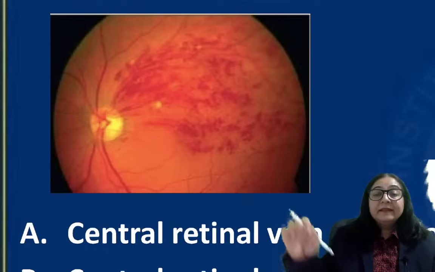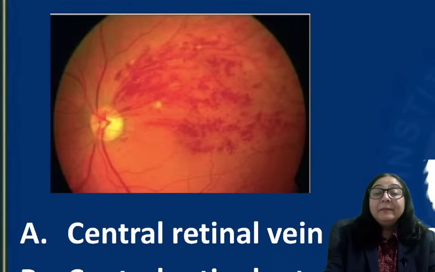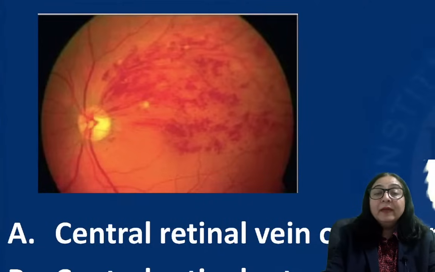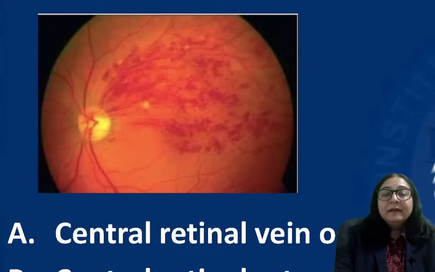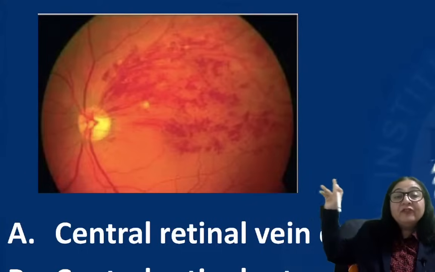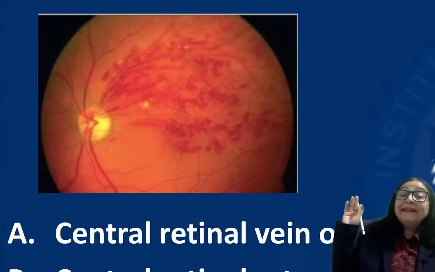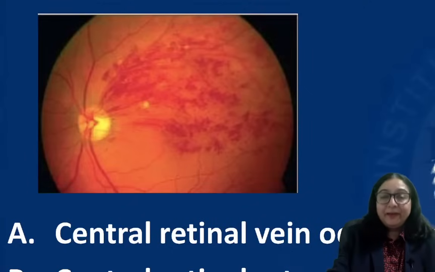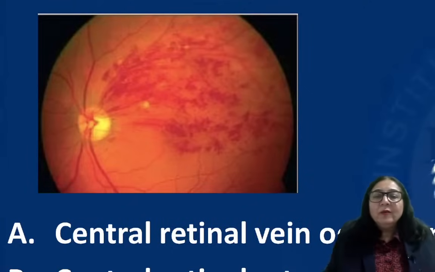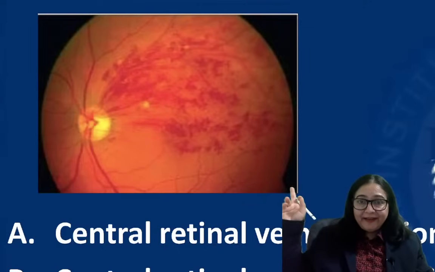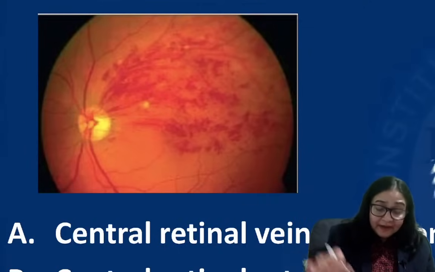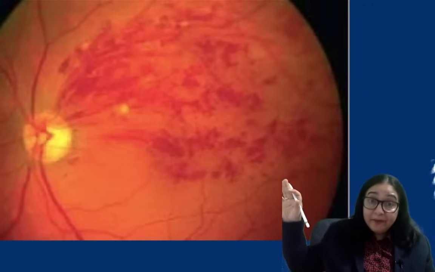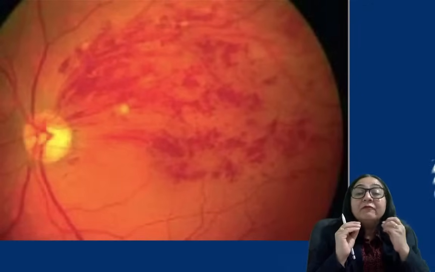You are noticing that there are multiple retinal hemorrhages, and those hemorrhages are located only in one quadrant of the retina, not all over the retina. Whenever there are multiple retinal hemorrhages, beta, it means there is some vein occlusion.